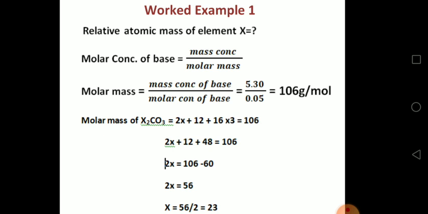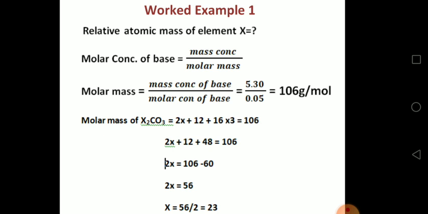Since we are interested in determining the relative atomic mass of X, then we can say that the molar mass of the trioxocarbonate(IV) salt, or the base, is equivalent to 106. Then we can find the value of X. If we do that very well, we discover that the value of X is 23.